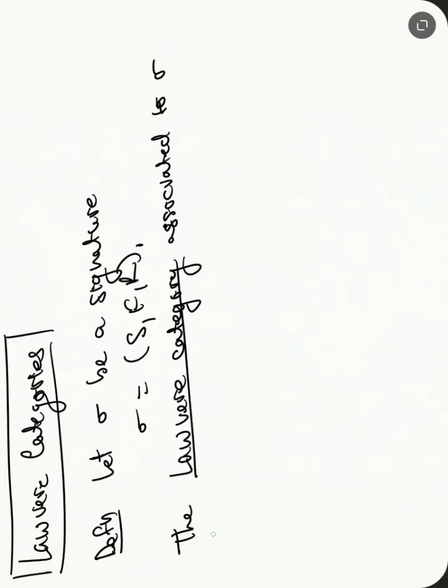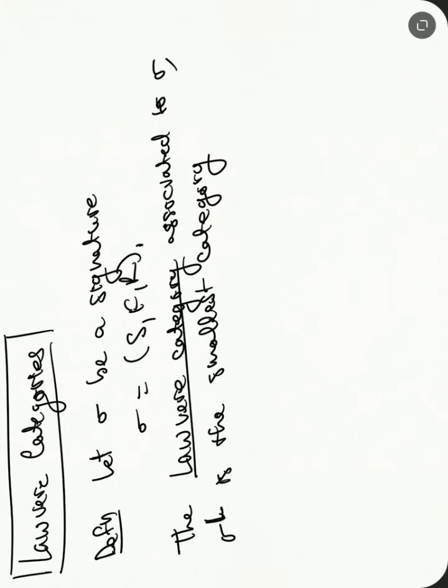Then the Lawvere category associated to sigma, let's call it sigma L, is the smallest category, so it's kind of like the obvious category that you could construct from the information that I just gave you. So what will it do?